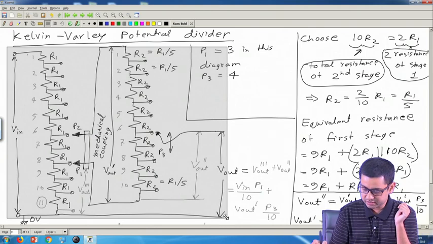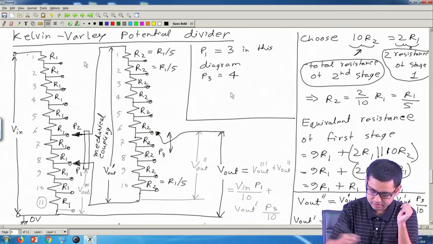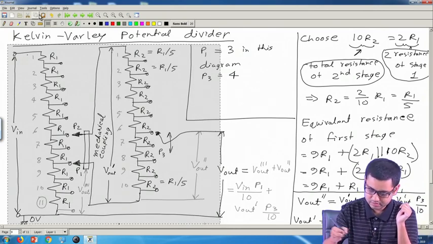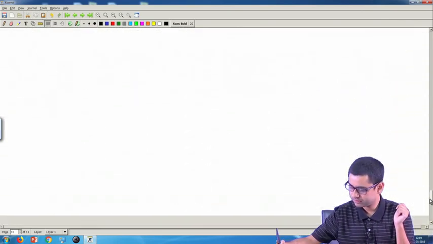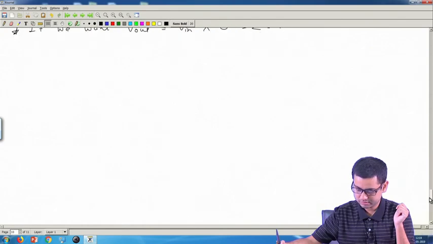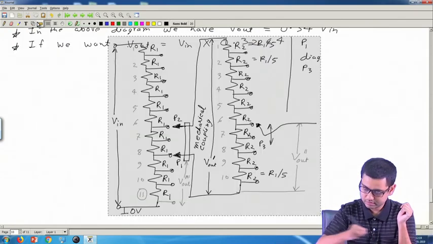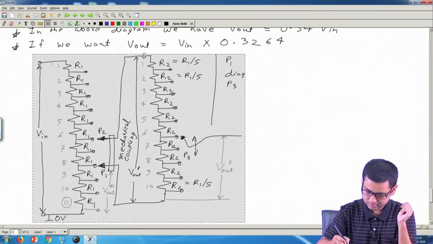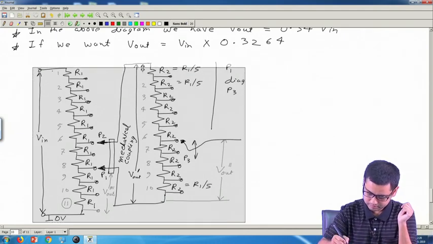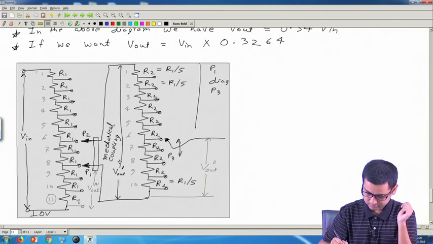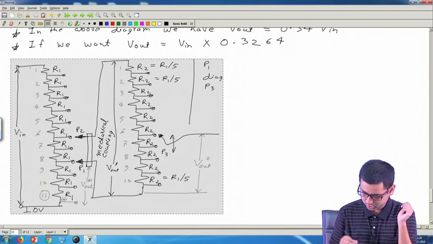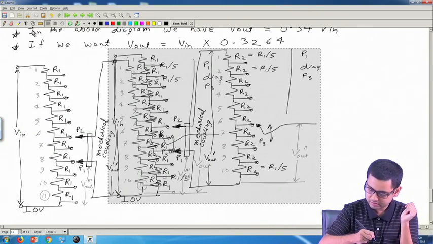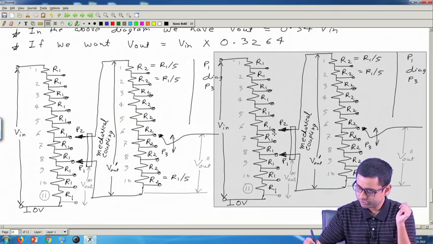So I copy this. I already have 2 stages, so I will copy it once again so that I have 4 stages.